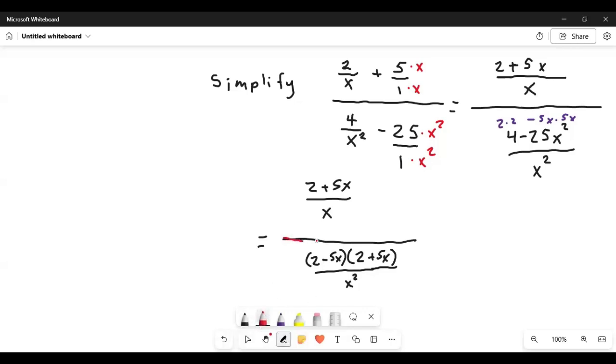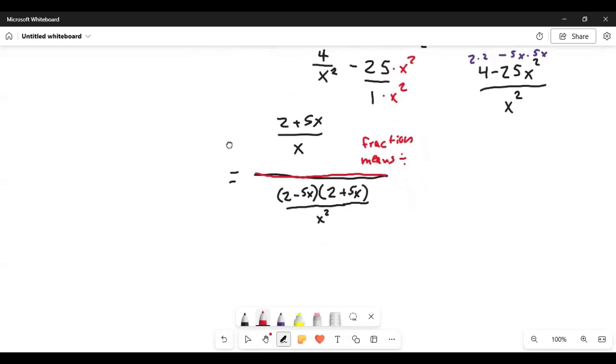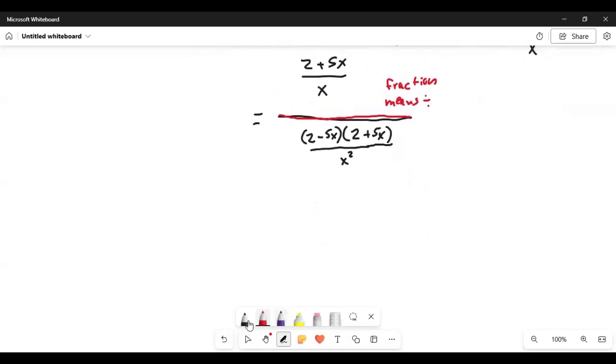Now we have a big fraction. A big fraction means to divide. So we can rewrite this as a division problem.